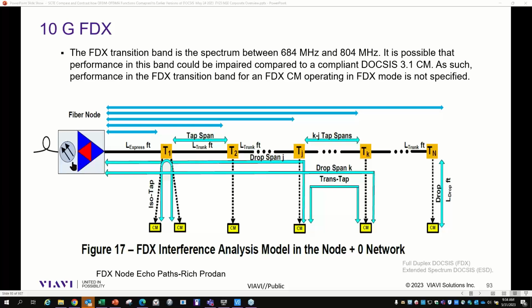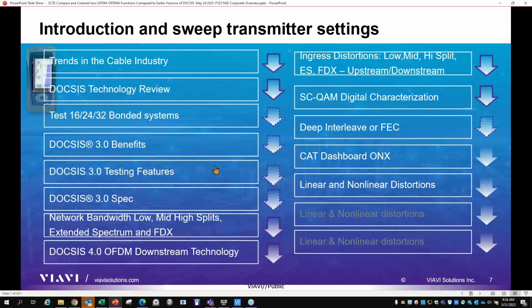So now the set-top box will have echo canceling. The active devices will have echo canceling as part of their repertoire to manage a full duplex type of network. All right. Again, there's a lot more information in CableLabs than I'm going to be able to cover here, but it is pretty amazing to see that going forward, right?